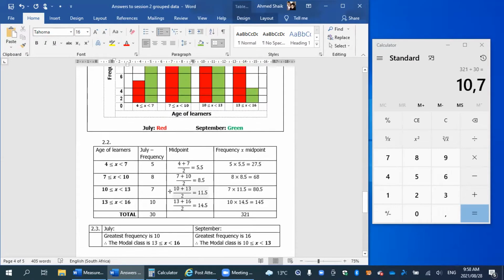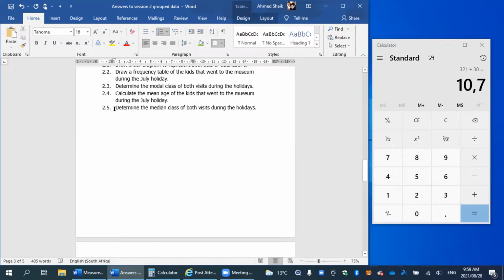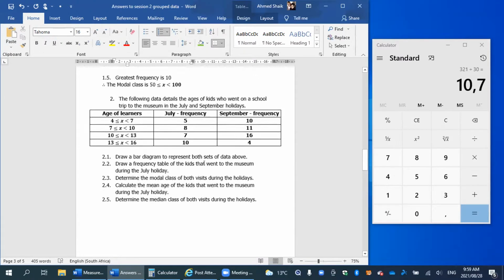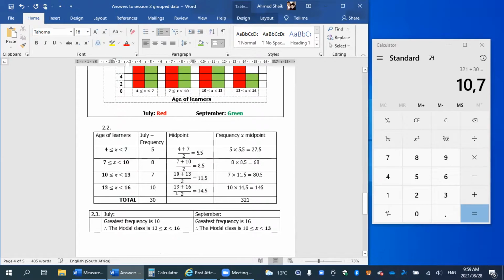Okay. I think this is the last question from the exercise. It says determine the median class of both buzzers during the holidays. Okay, so we've already worked out the total of the July frequency, which was 30.